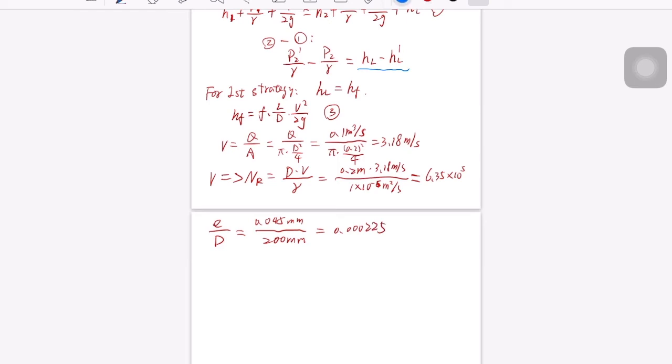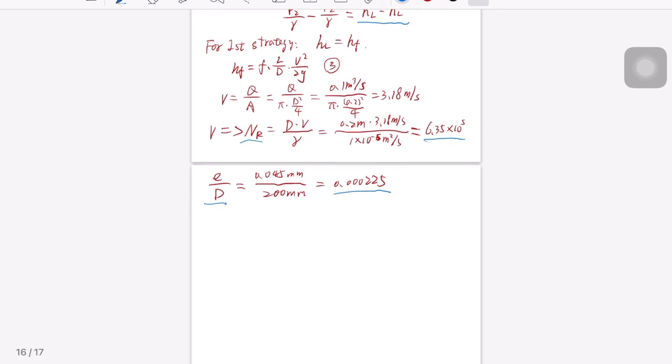Now we know the Reynolds number and the relative roughness. So we can find the friction factor f from the Moody diagram. So we can find that f equals 0.0155.